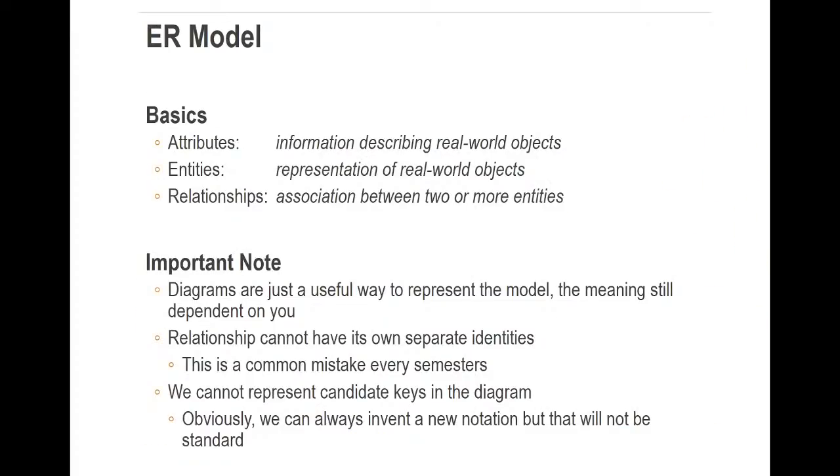Okay, so here are the important notes. Let me see. Yeah, so the last one over here, as you can see, we cannot represent candidate keys. So that's the unfortunate side effect. There are a few ways we can overcome this.